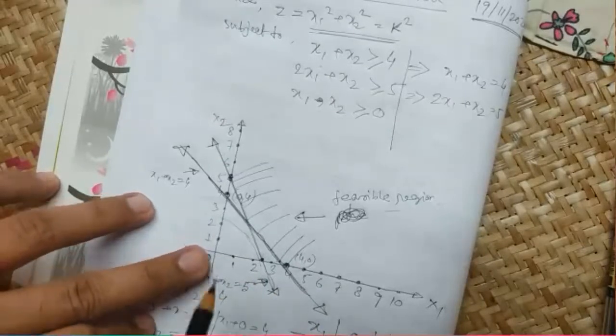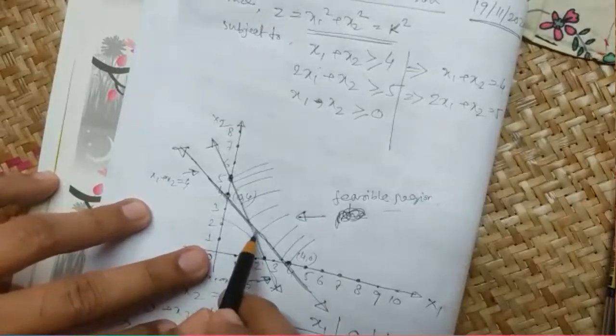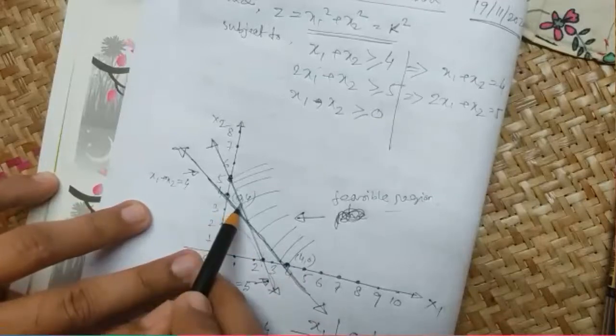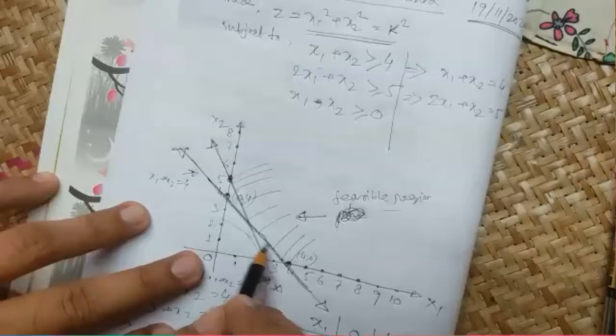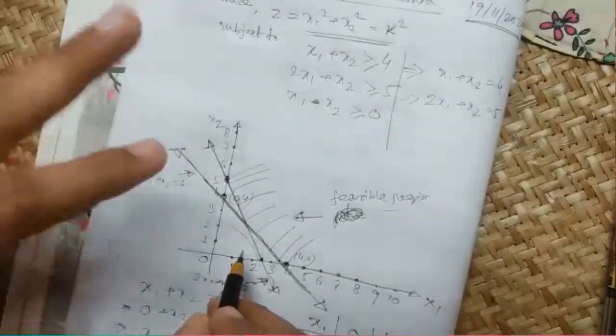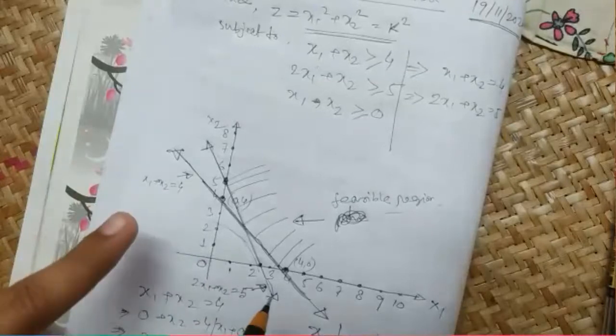Now we have to make a circle which lies on the boundary of the feasible region. That means either on line 1 or on line 2 or on this intersection point. In such a case, we can find our minimum value of z which satisfies these constraints.